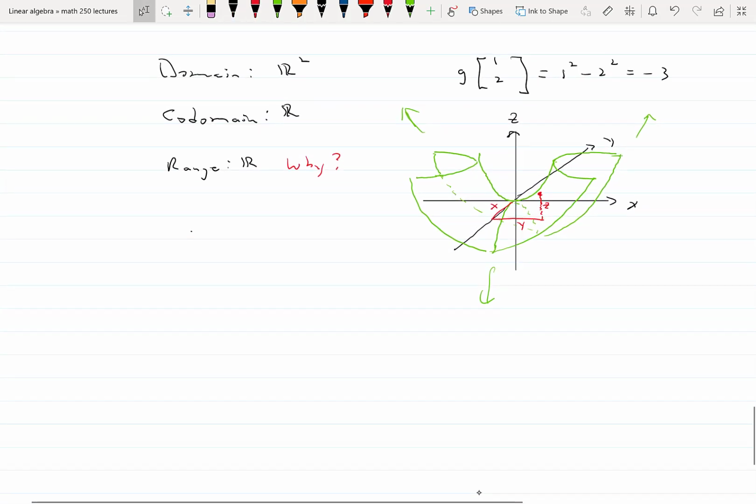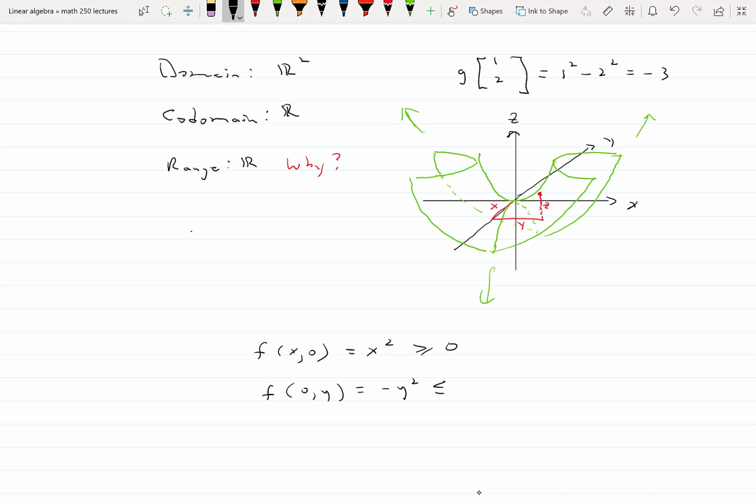It's easy to do this without the graph. What's f of x, 0? It's x squared, which is always positive or 0. What's f of 0, y? It's negative y squared, and that's always negative. So this tells you that we get the set of all real numbers.